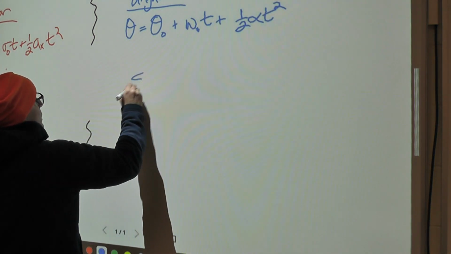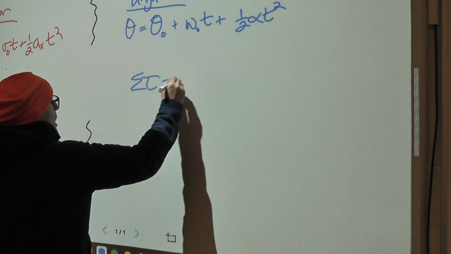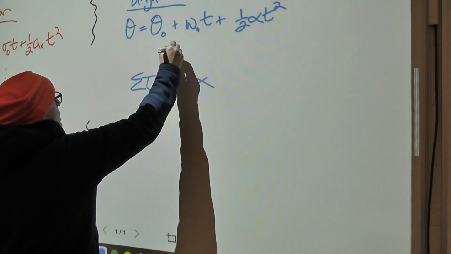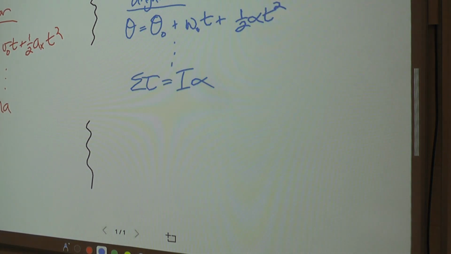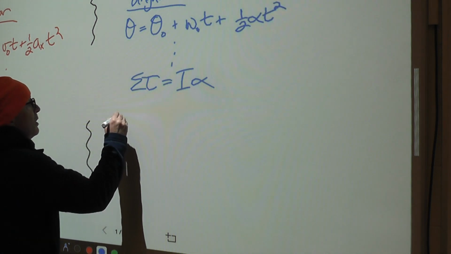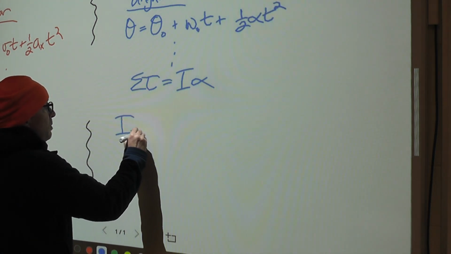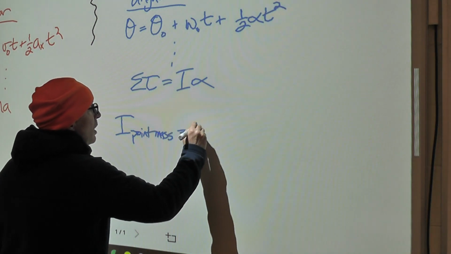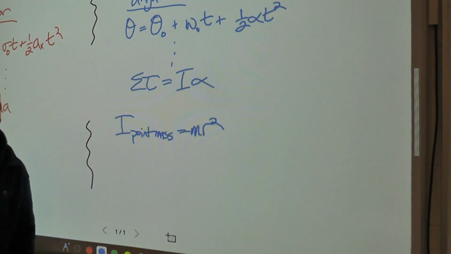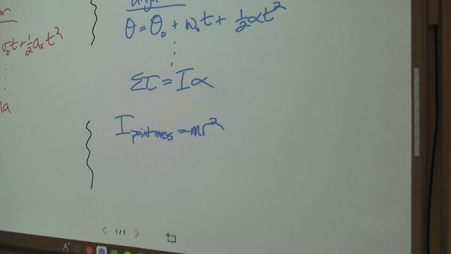We have sum of torque on an object will equal moment of inertia times alpha. And then we have some other equations too, like we may have some equations potentially if we know enough about an object's composition. It may be that the moment of inertia for a point mass is equal to mr squared, and I wouldn't expect you to have that memorized, but you could look it up.